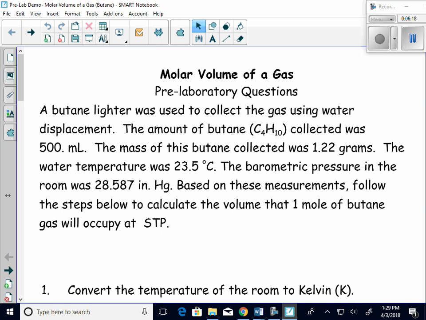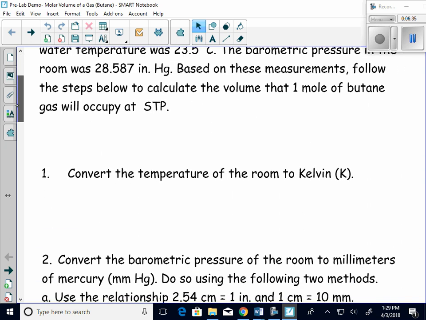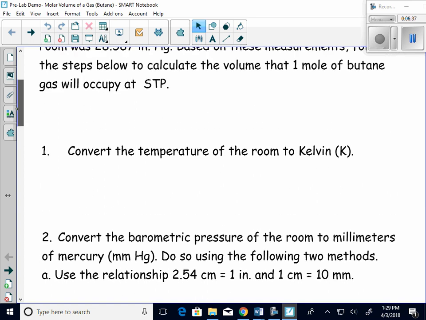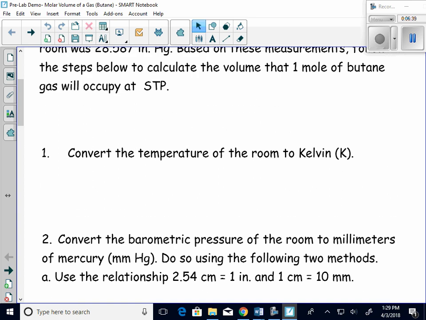Well, I'm going to go through some steps to calculate this, and it's important that you follow along with me. Folks, this is going to be what your homework is. This is going to be the lab tomorrow. This stuff right here that we are doing. So, as I start out, it says, convert the temperature of the room to Kelvin.